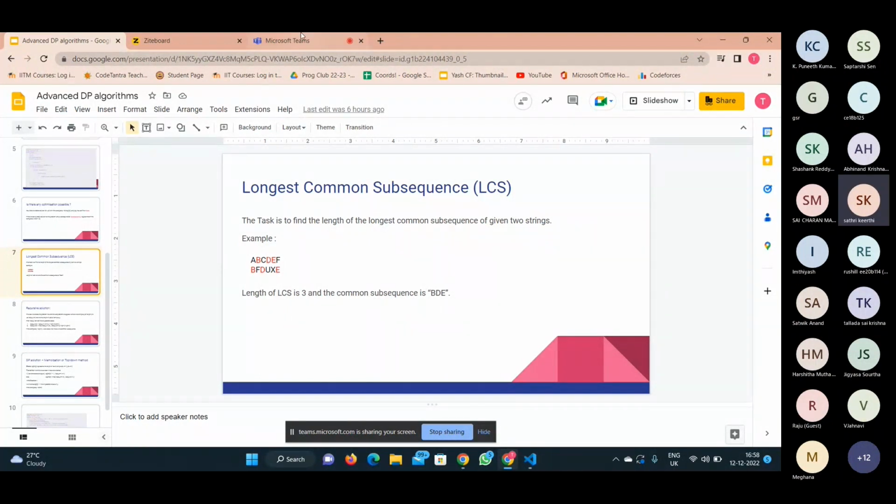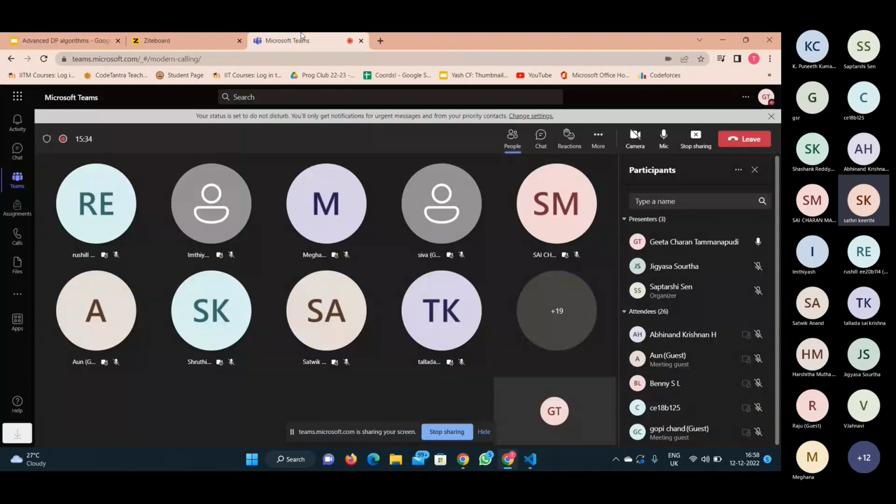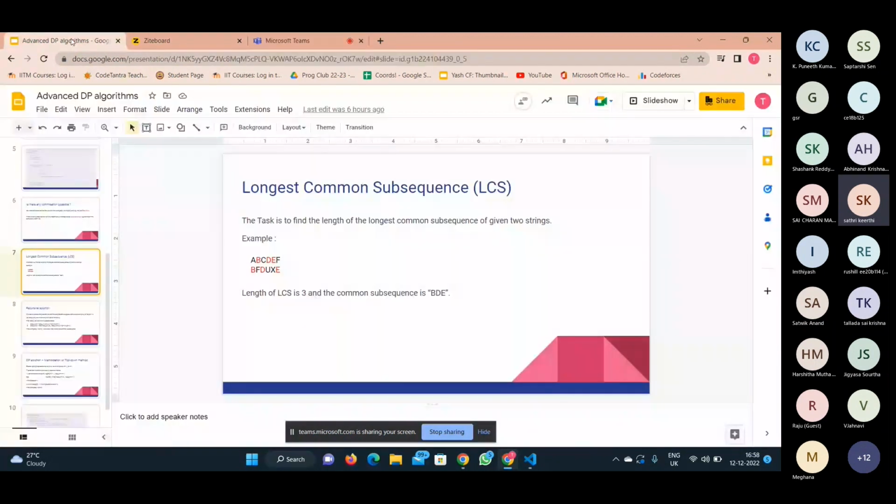Any ideas on how to proceed? Here, the length of the longest common subsequence is 3, and the common subsequence is B, D, E in the same order.